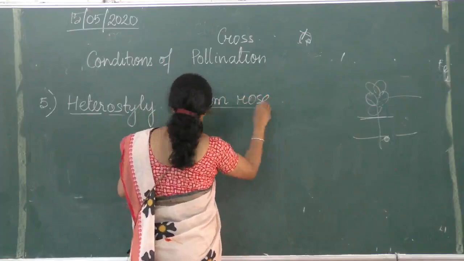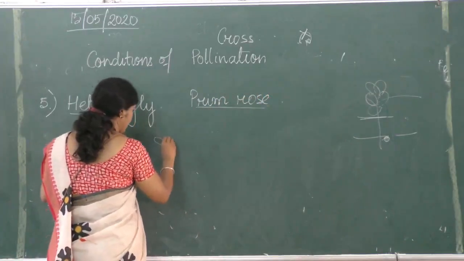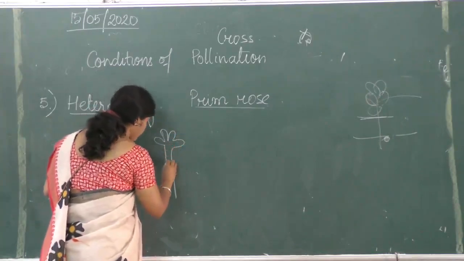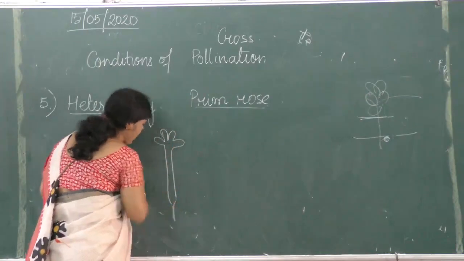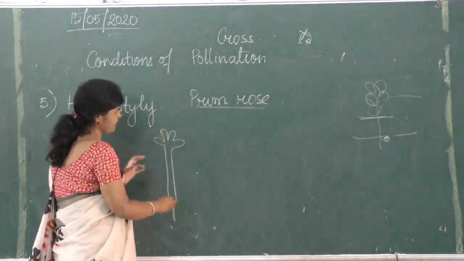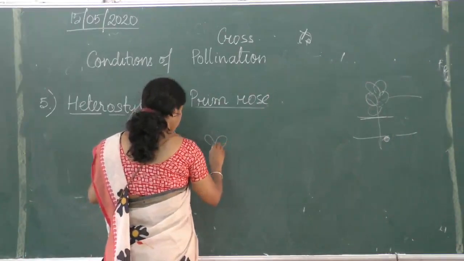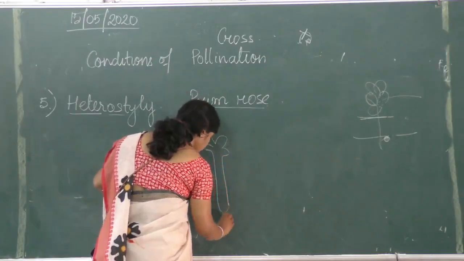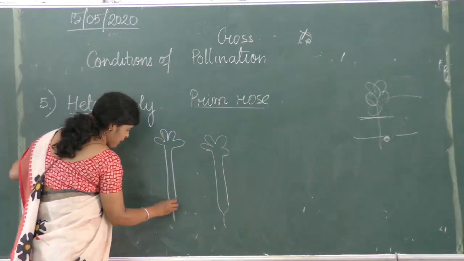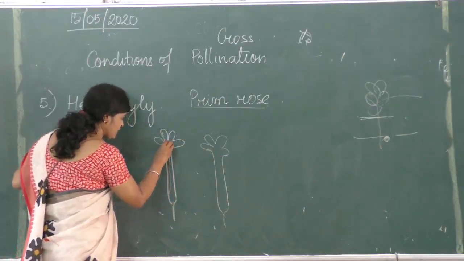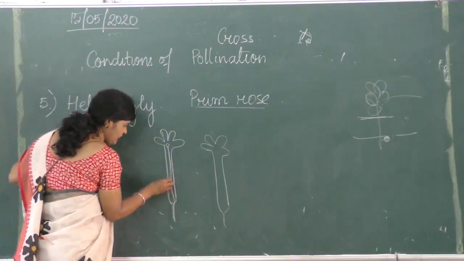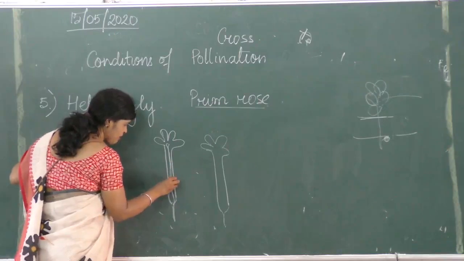So I'll show you what kind of flower. If you see primrose, you open it up, you will find there are two types of flowers. In some, the pistil is long, and the anthers, the stamen, are located much below.